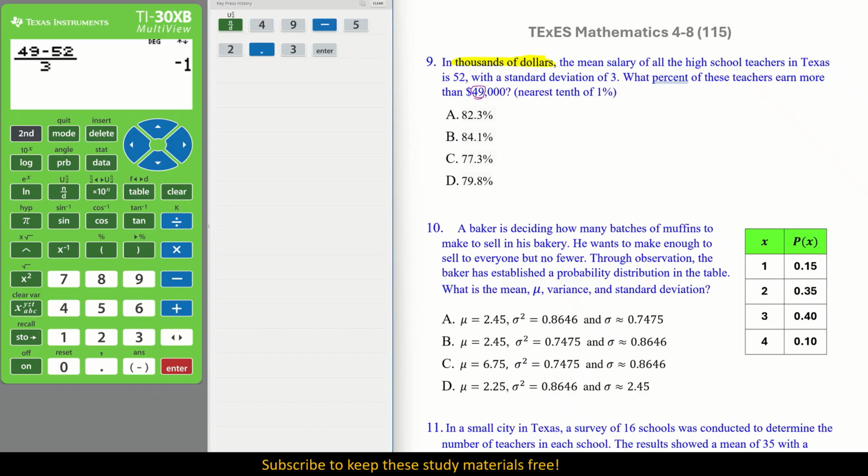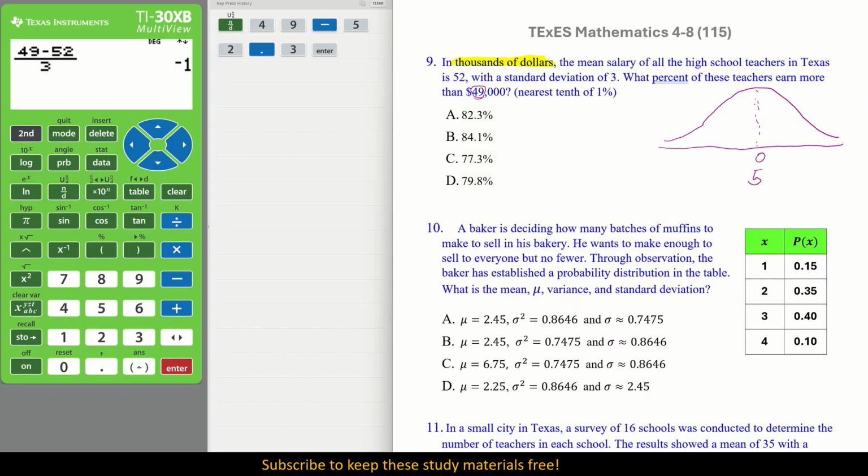So if I draw that very quickly, and again, pretend like I draw, we've got that mean going down the middle, and my z-score is 0, but the mean is 52. Then over here, I'm going to say -1, and that is my 49,000.